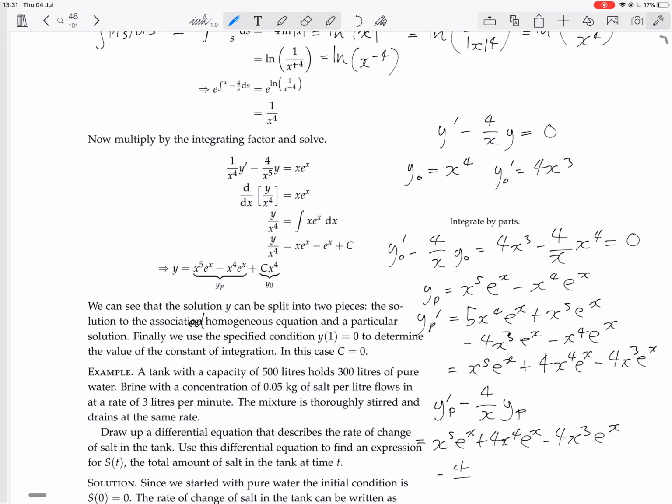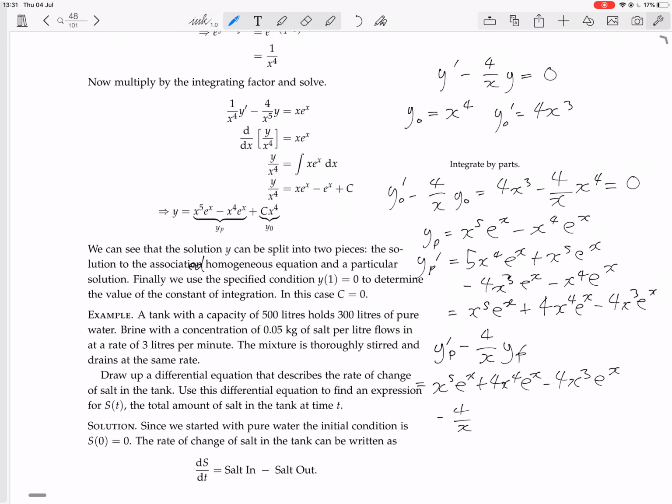We have minus 4 over x times, well, that's not yp there, that should be the homogeneous solution. So, sorry, no, that's yp, this is the differential equation I'm solving. I want yp here, not yp dash. yp was x to the 5 e to the x minus x to the 4 e to the x.